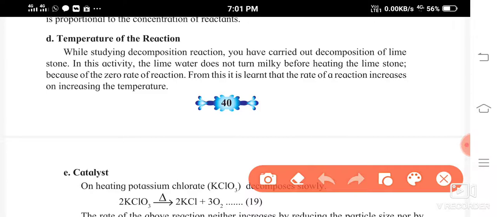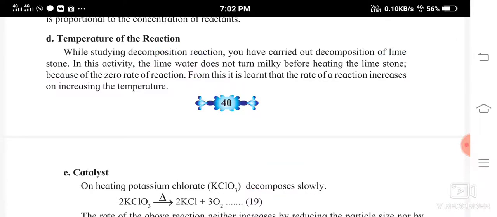To the conical flask with limestone you had fitted a cork with one hole, then attached a bent tube, and the other end of the tube you had dipped in the lime water. And then when you heated this limestone, what happened? The lime water turned milky, isn't it?